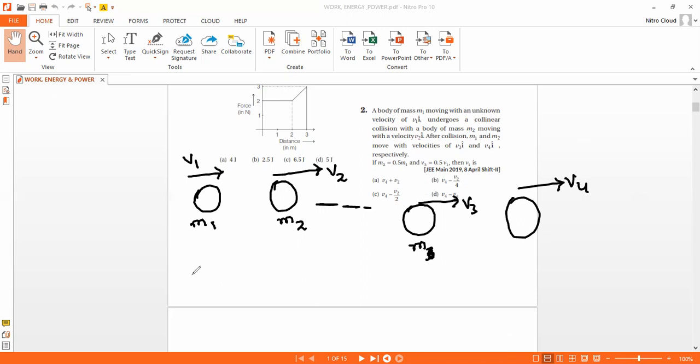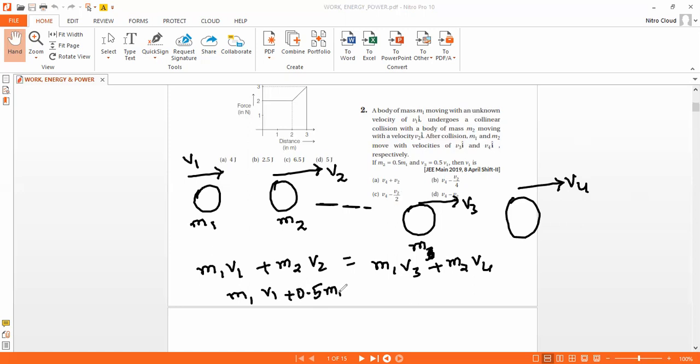So I'll apply the conservation of momentum. m1 v1 plus m2 v2 is equal to m1 v3 plus m2 v4. Is it fine? Now initially, m1 times v1, m2 is 0.5 m1, and v2 they didn't give.